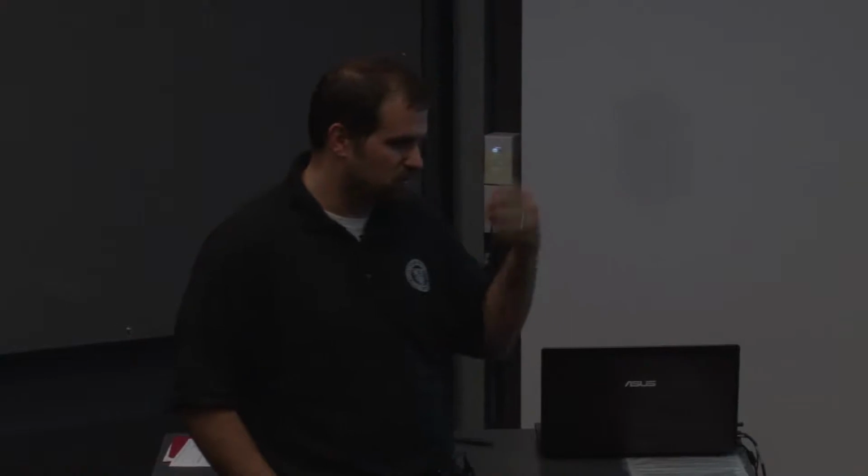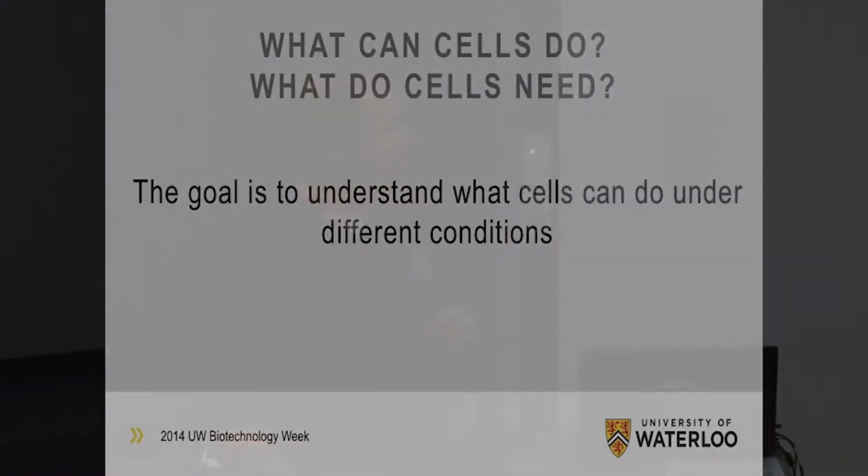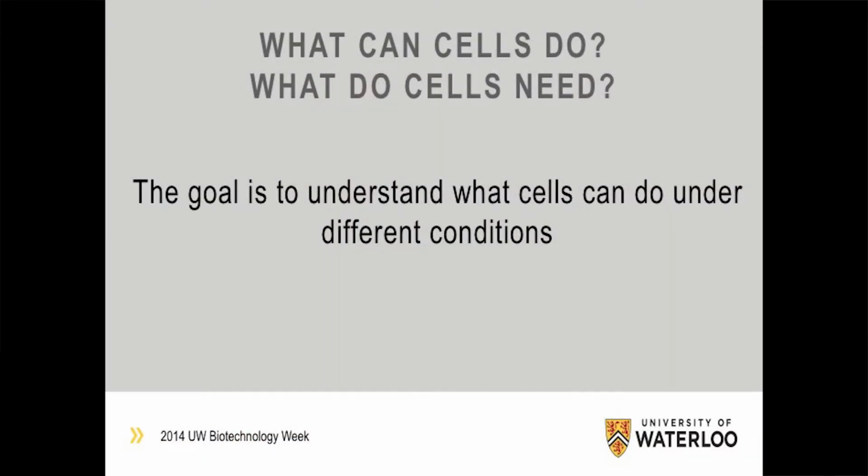If we know what they can do from a genetic standpoint, because they've got the instructions, then can we provide them the required elements so that they can make the pudding, as an example. So the goal is to understand what these different types of cells can do and under what conditions.